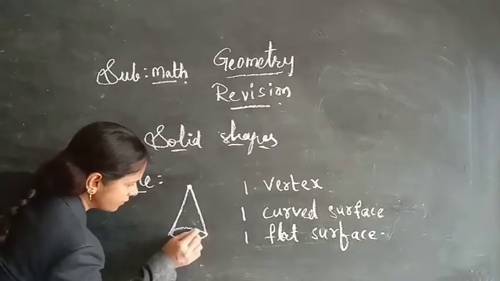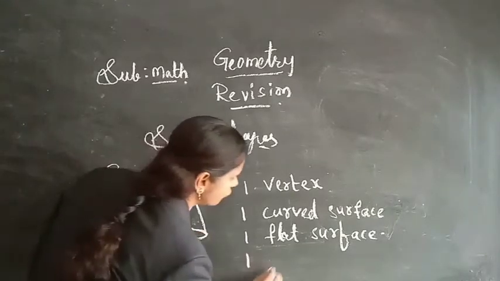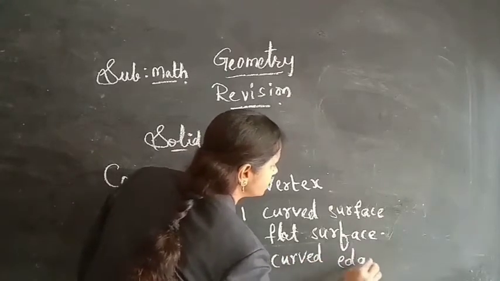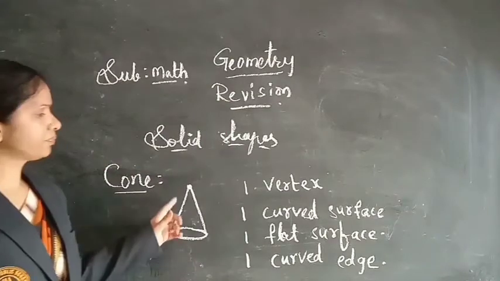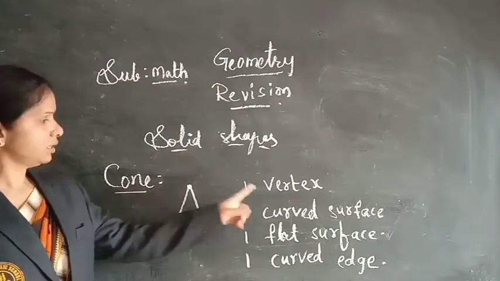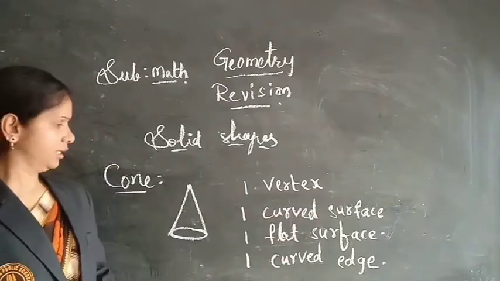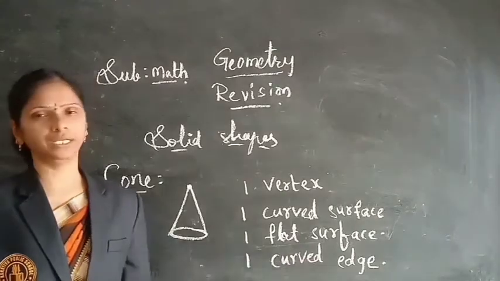And here you can see one edge, children, that too curved. So one curved edge. A cone has one vertex, one curved surface, one flat surface, and one curved edge.